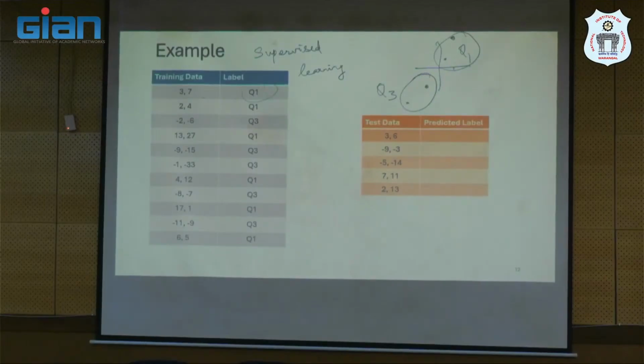You can give 0 or 1, rather than saying Q1, Q3. And this is known ahead of time, and we use that information to train our model, and therefore we call that supervised learning. So somebody is telling you ahead of time, yes, this is right, this is how it should be classified. So that is the supervised learning scheme.